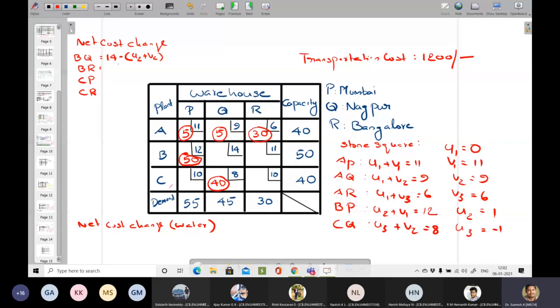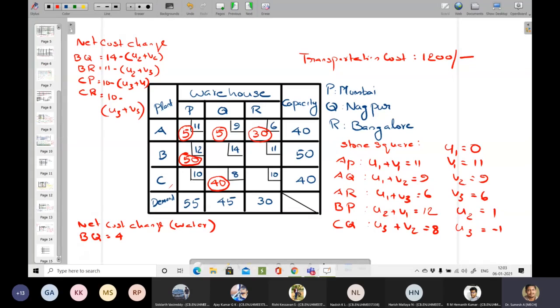BR is 11 minus (U2 plus V3). CP is 10 minus (U3 plus V1). CR is 10 minus (U3 plus V3).